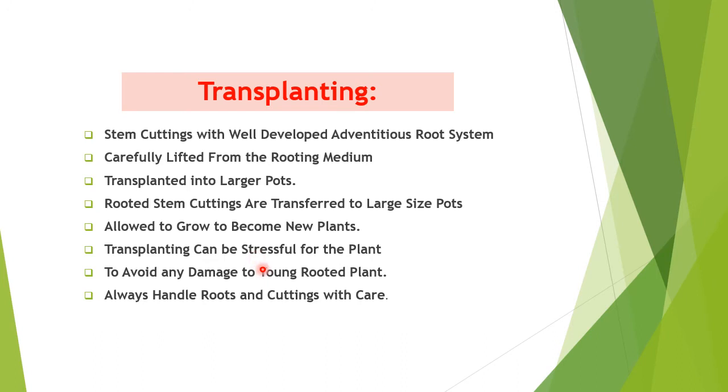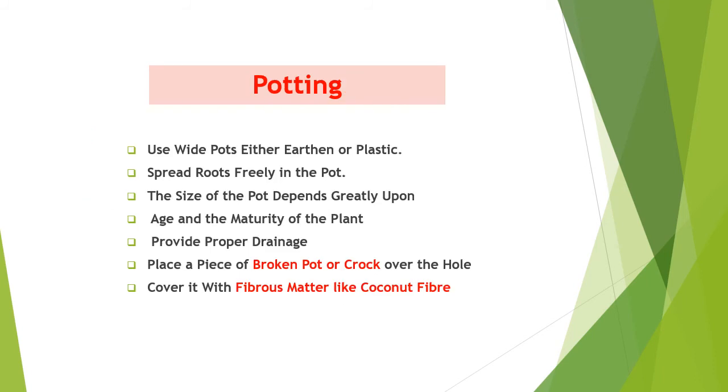Transplanting can be stressful for the plant. To avoid any damage to the young rooted plant, always handle the roots and these rooted cuttings with care. And you use them either directly in the soil or they are planted, which is called potting. For potting, you use wide pots, either earthen or plastic.